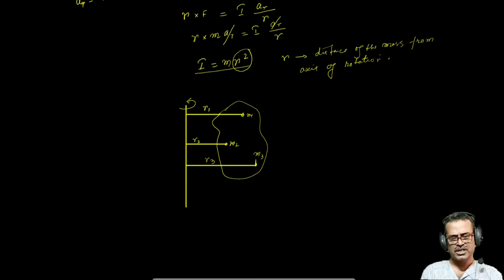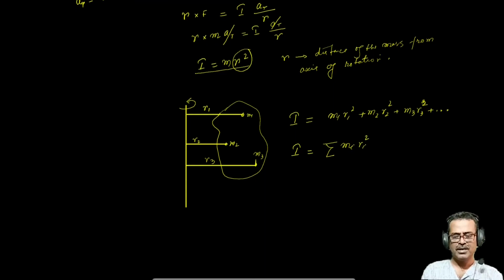So moment of inertia of this body I can be written as M1 R1 square plus M2 R2 square plus M3 R3 square and so on. So I can be written as sigma, that is summation of Mi Ri square, for i equal to 1, 2, 3, 4.